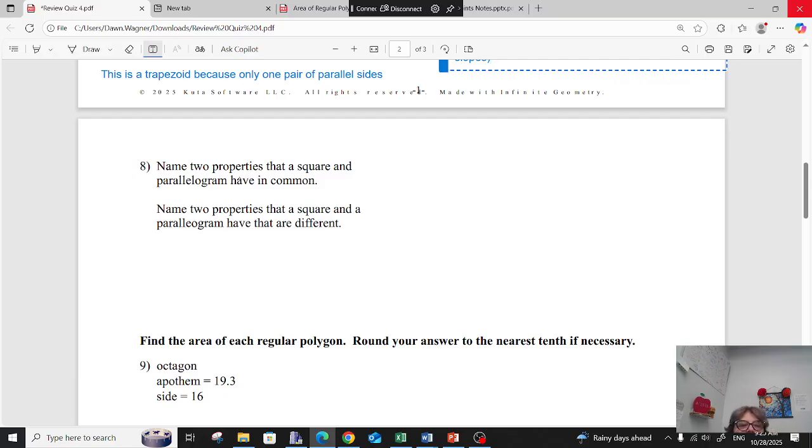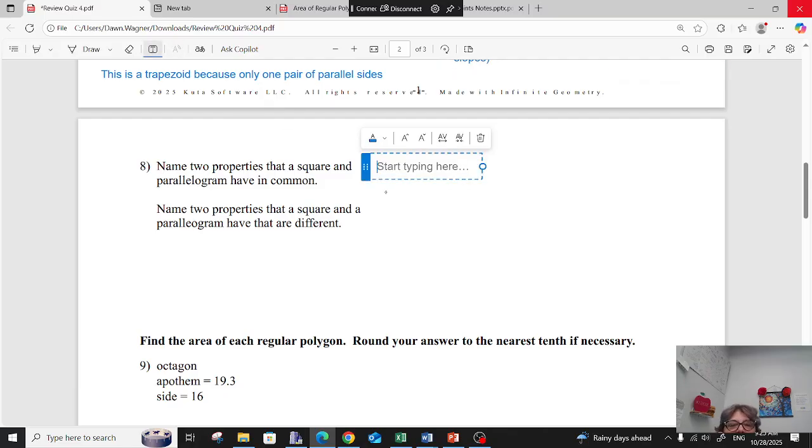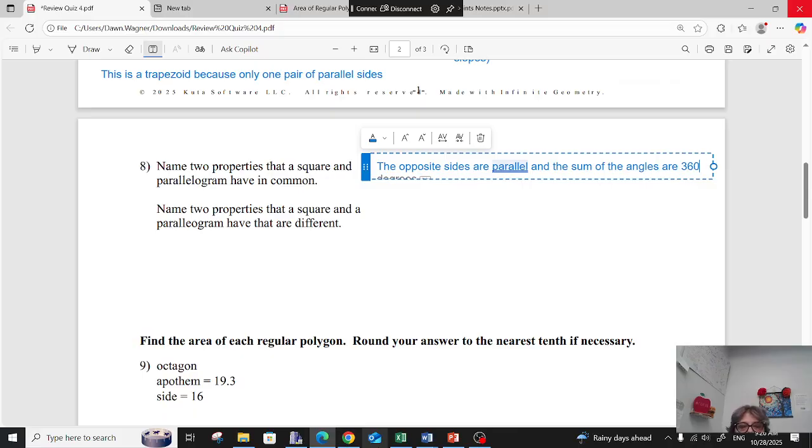So, what are 2 properties that a square and a parallelogram have in common? The opposite sides are parallel. And the sum of the angles are 360 degrees.